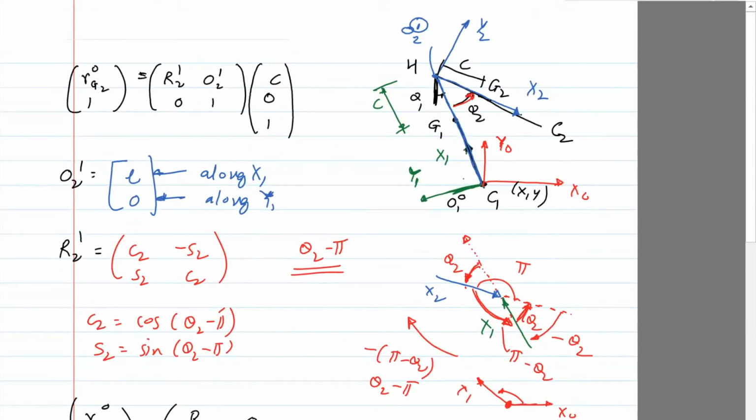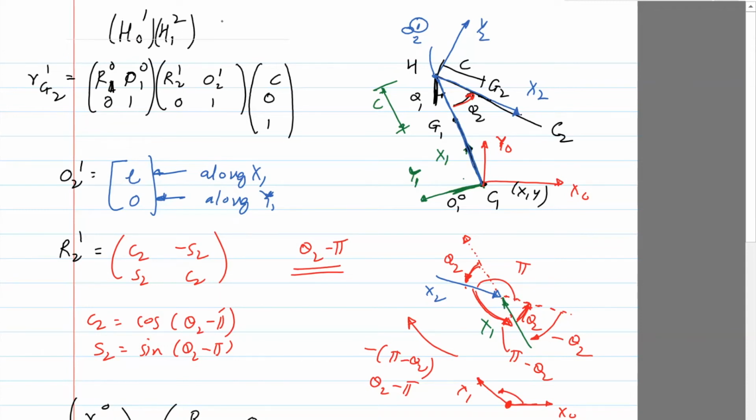I think I'm making a mistake here. This should be RG21. What I'm missing here is the other homogeneous transformation. It should be R2, R10, O1001, because it's always homogeneous transformation times the other homogeneous transformation, and then the vector C001.